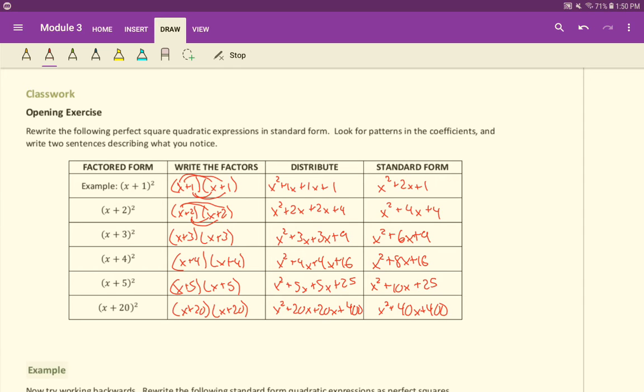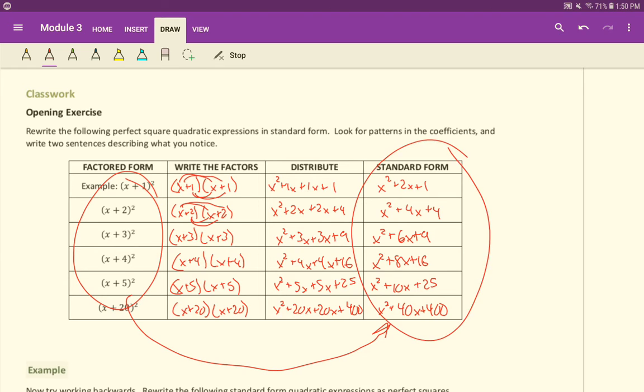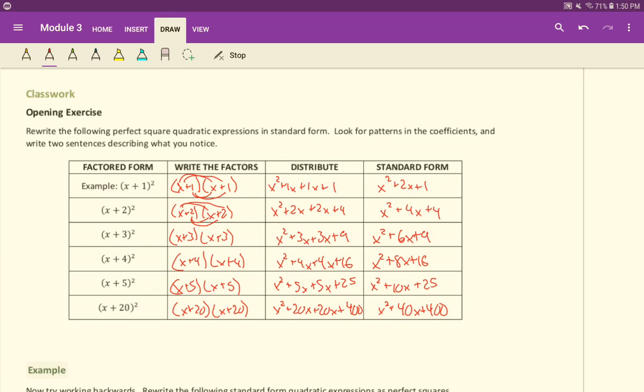Okay, so what are some patterns we see here from the factored form to the standard form when we expand it out? When we expand out that polynomial, what do you see happening? If you look here, all of the constant terms, the 1, the 4, the 9, the 16, the 25, and the 400, they're all the squares of 1, 2, 3, 4, 5, and 20.